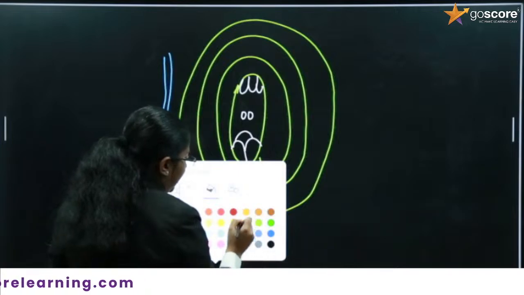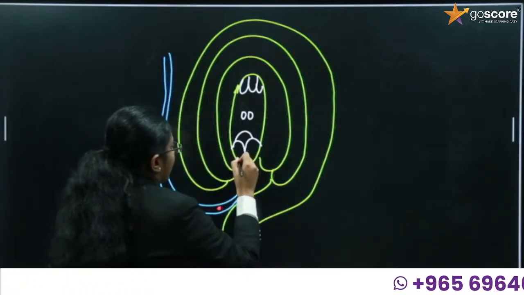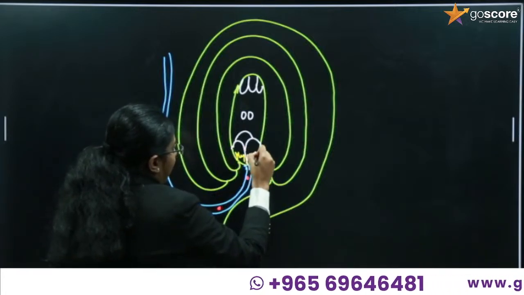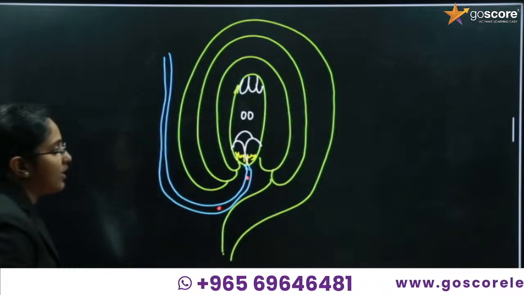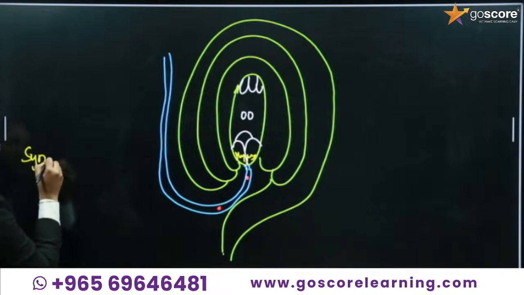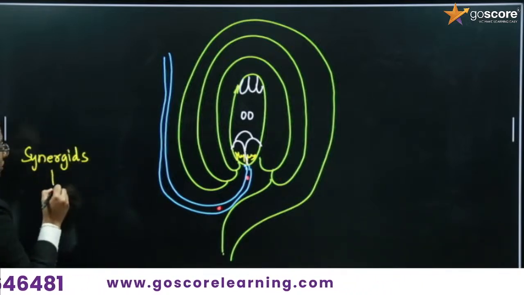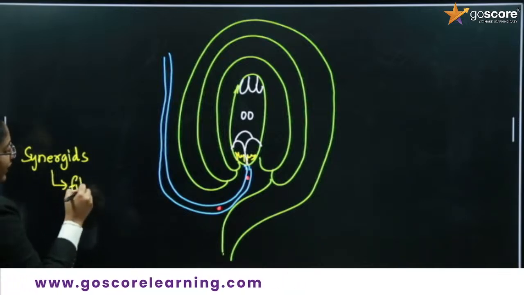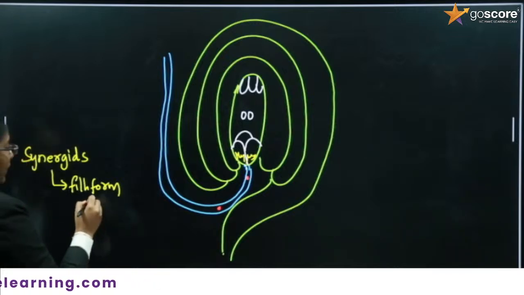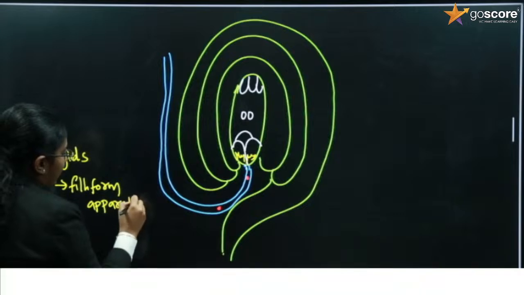First, it will be entering into the synergids, and there you can find a structure called the filiform apparatus, which has finger-like projections inside the synergids. What is the speciality of this filiform apparatus?